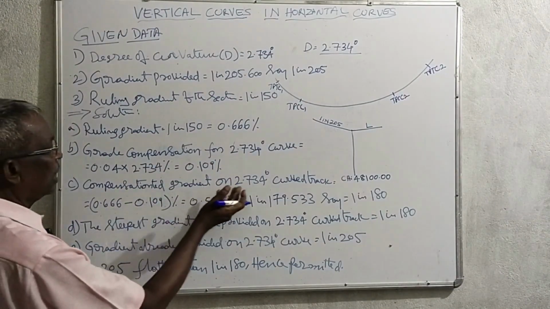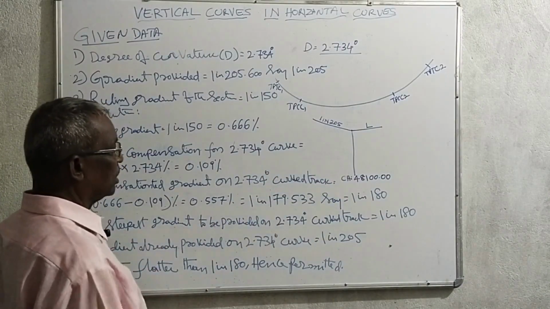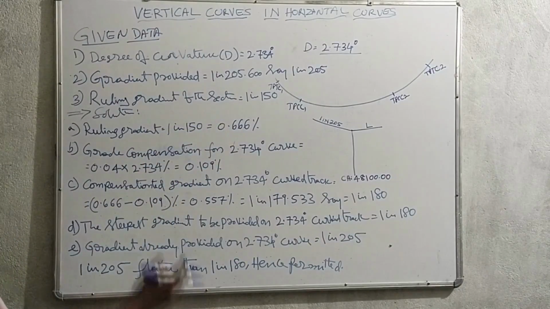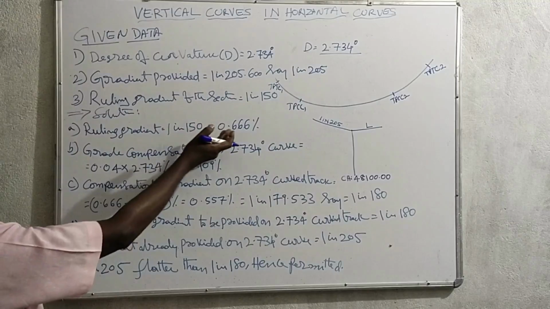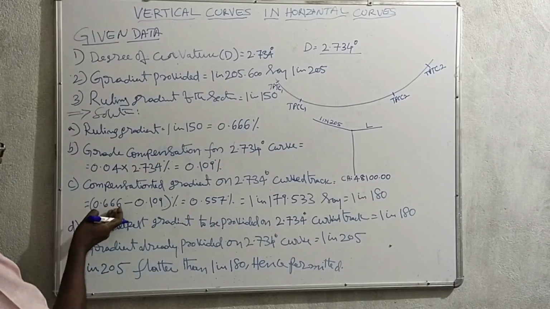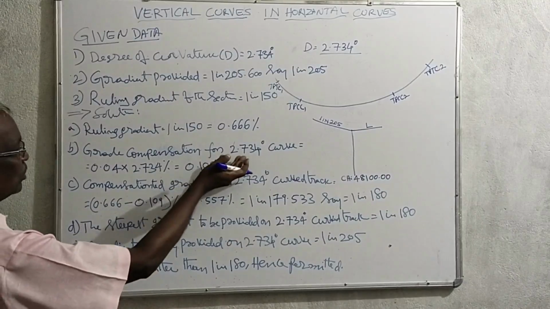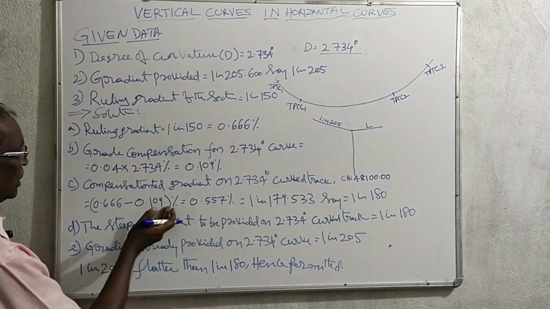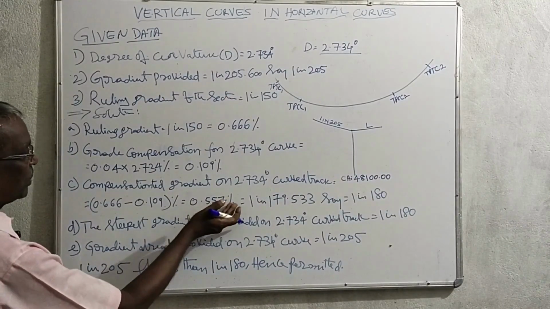Compensated gradient on a 2.734 degree curve track is equal to ruling gradient minus grade compensation for the particular degree. The ruling gradient is 0.666, minus grade compensation for the 2.734 degree curve, 0.109%, which is equal to 0.557%.